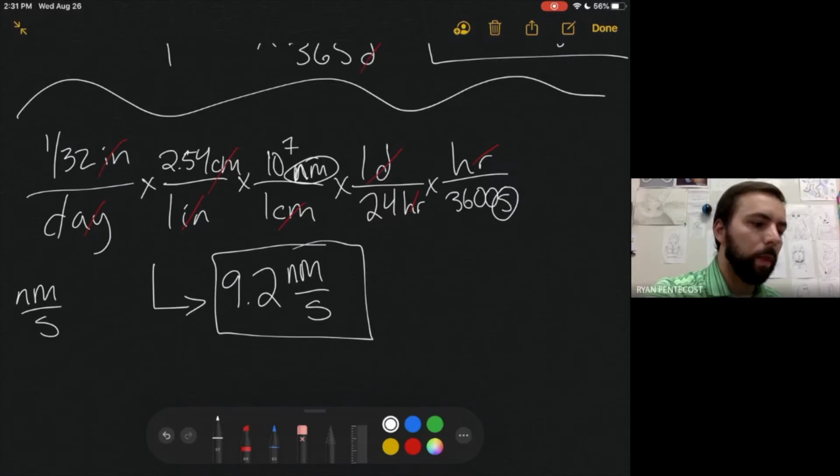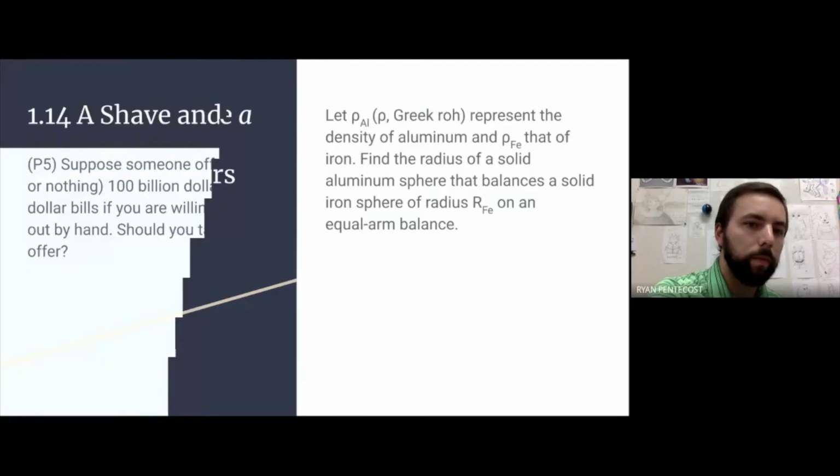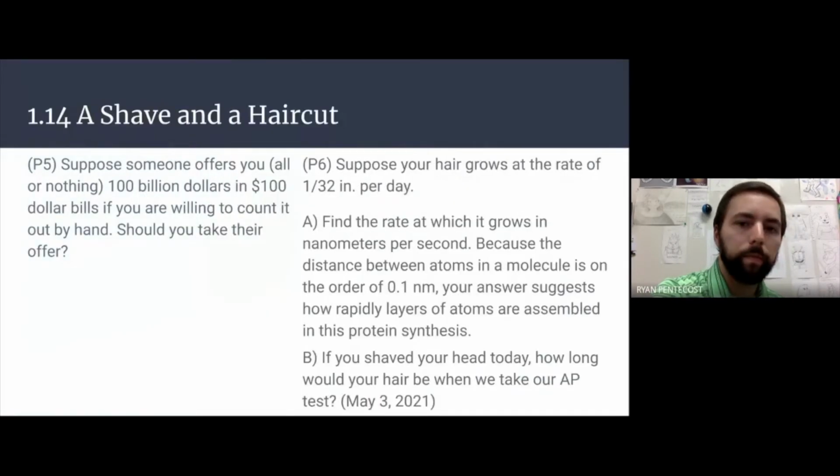Okay, now if we go back to our slide, if the recording will catch up. Uh-oh, go back. Okay, so was it 9.2 nanometers per second? Now, the distance between atoms in a molecule is around 1/10 of a nanometer. So this is going to suggest how rapidly layers of atoms are being assembled in the protein synthesis.